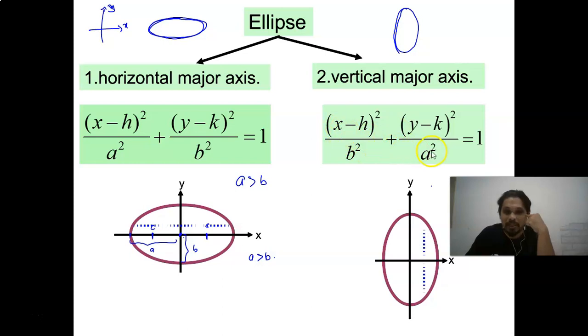It means that here the major A is under y, so y is the major. It's just like a rugby ball standing here, and this one, a rugby ball lying on the floor.